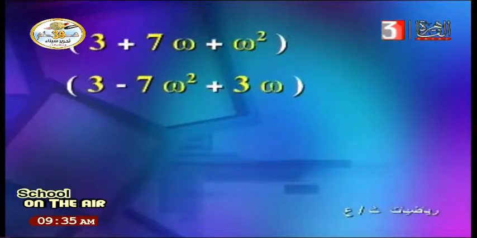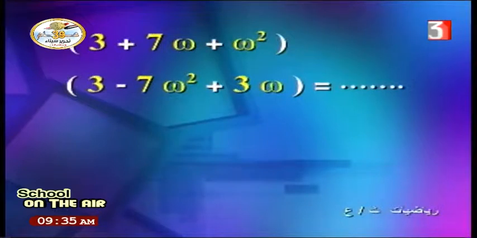Look at, my dear student, another example. We know that omega is one of the cube roots of unity. So 1 plus omega plus omega square equals 0.